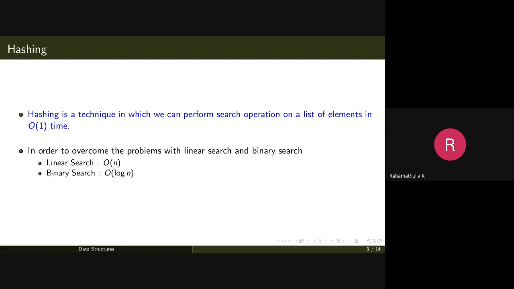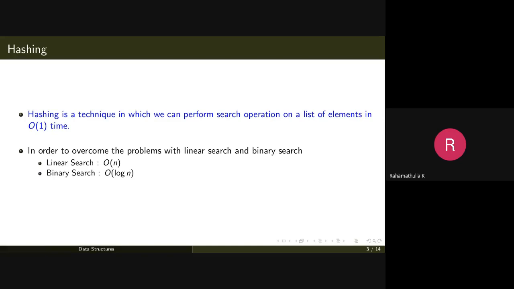The worst time complexity of a linear search operation is that we have to search through the entire list of elements. For example, if the element is not present in the list itself, then we'll have to go through the entire list, and at the end of the list we should say that the element is not present in the list. So in a linear search operation it is going to take order of n time.